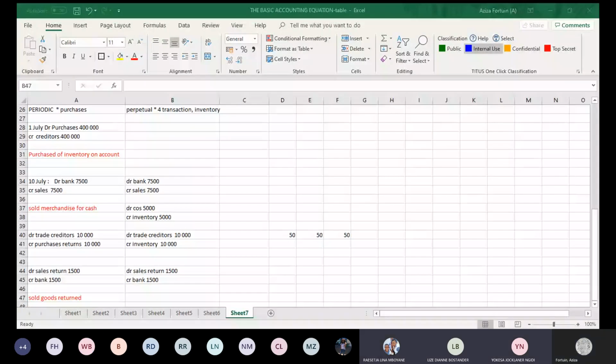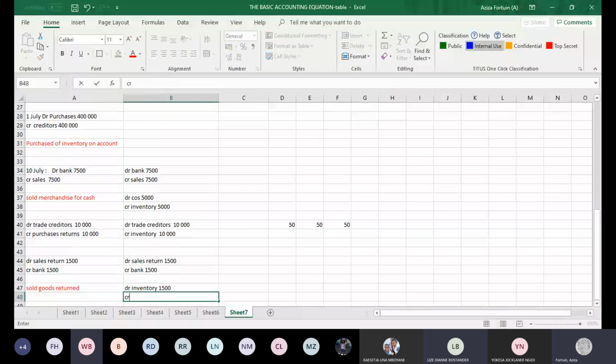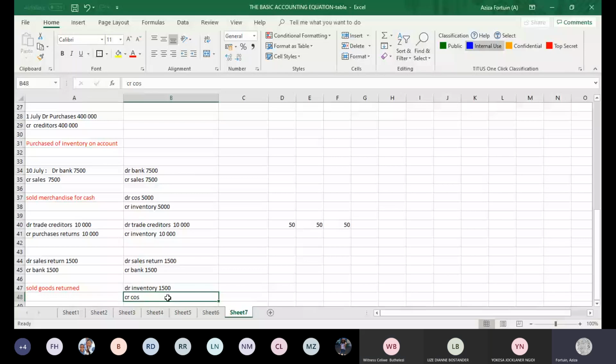We will debit inventory. Debit your inventory. We credit our cost of sales. Why are you going to? The asset increases. Exactly. Okay, I think that most of you now understand the journal entries.